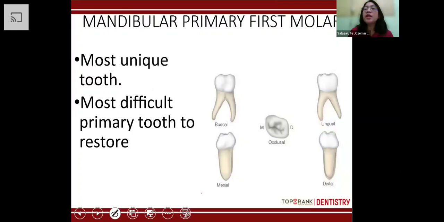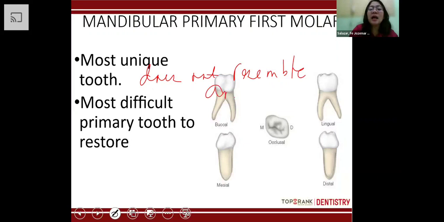Next, mandibular primary first molar, the most unique tooth. Bakit most unique? Does not resemble any tooth. Wala talagang kamukha. Okay. And this is the most difficult primary tooth to restore because of its anatomy.